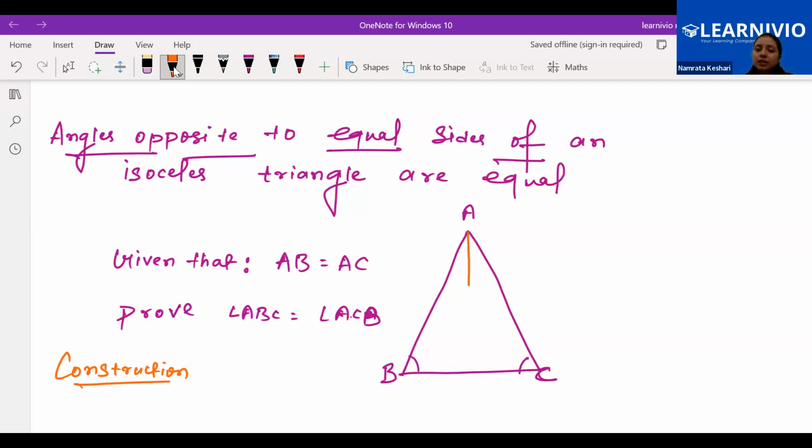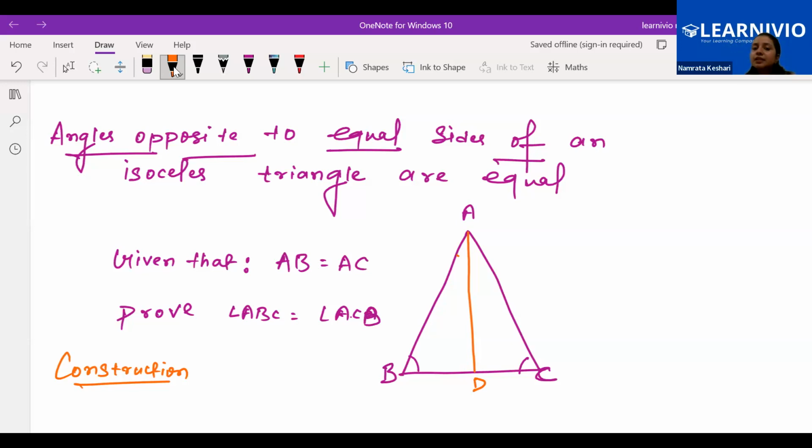So we will say that we have drawn a line AD such that AD works as a bisector of angle A. Okay, AD is bisector of angle A. Let's do it.